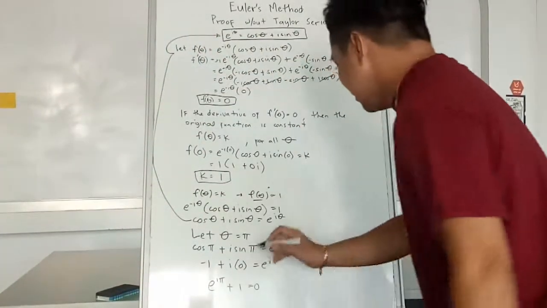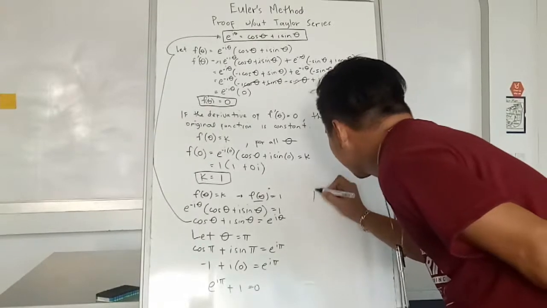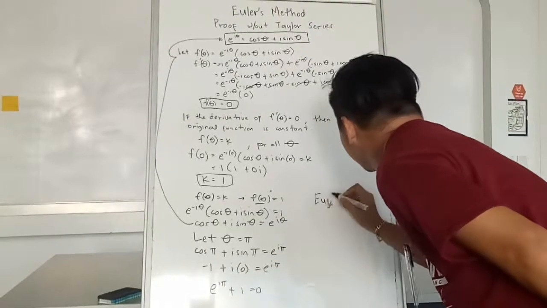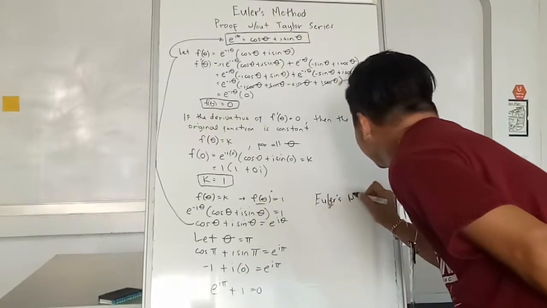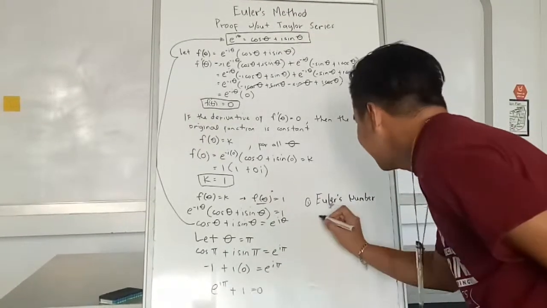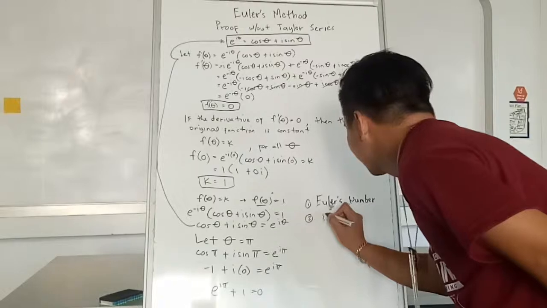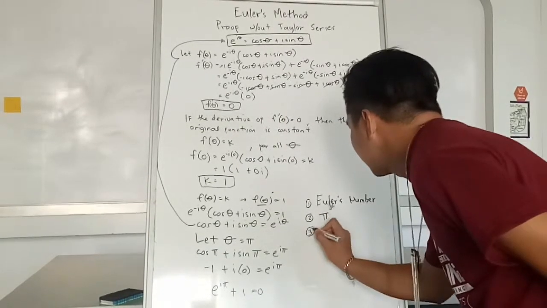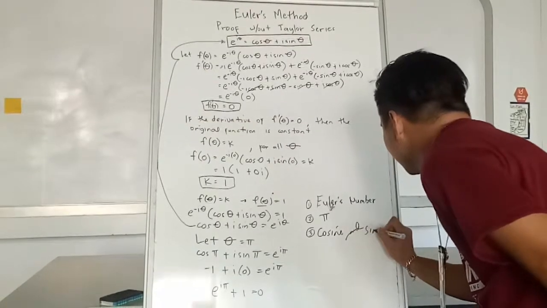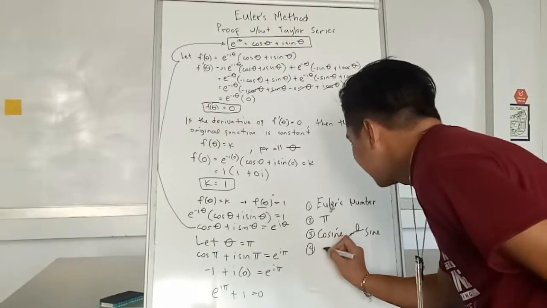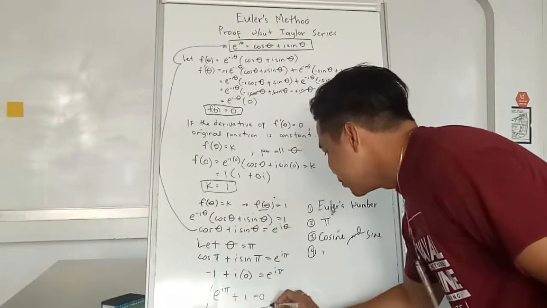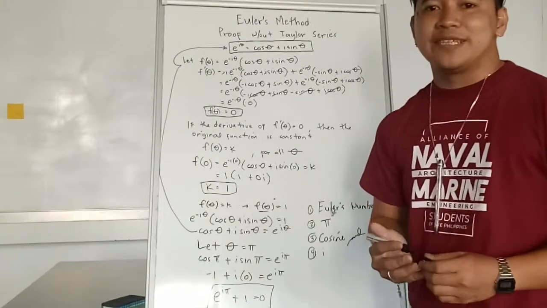So the e is the Euler's number, the I and the pi, the cosine and sine, and the I for the imaginary numbers. And that's the most beautiful equation in mathematics.